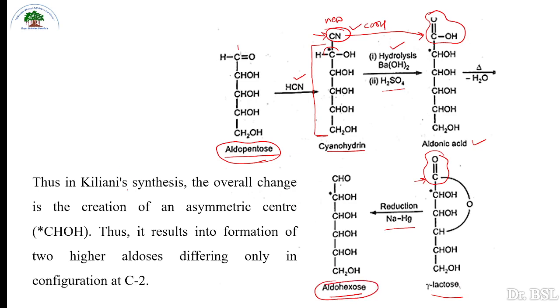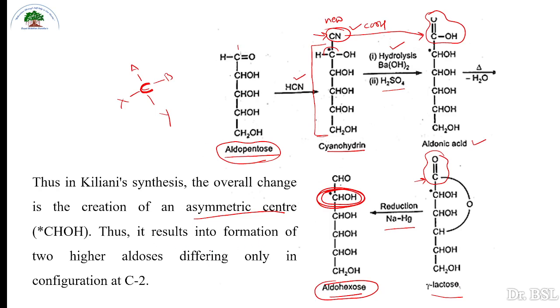Thus, in Kiliani synthesis the overall change is the creation of an asymmetric center. This is the asymmetric center. An asymmetric center is a center to which all four groups attached to that carbon are different. That is known as an asymmetric center or chiral center.